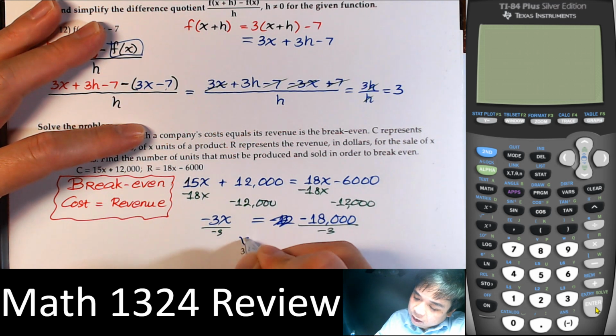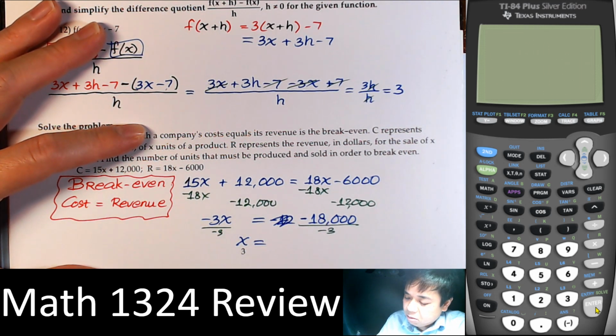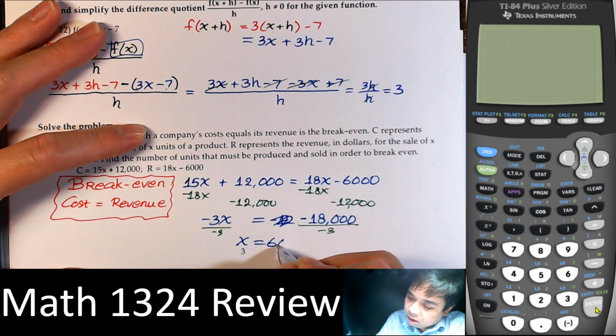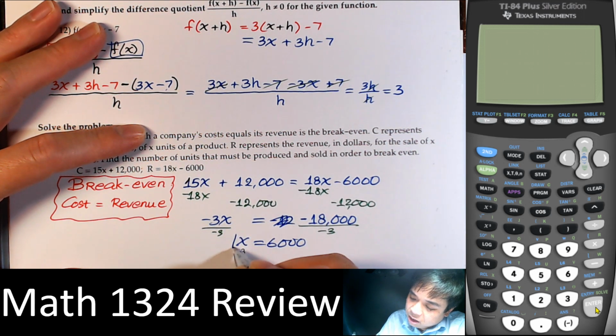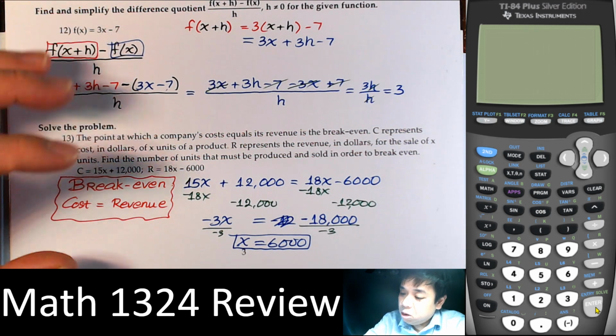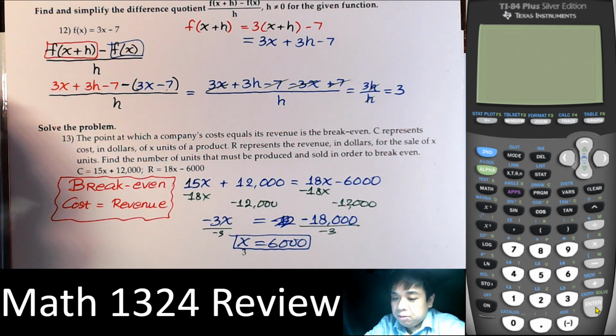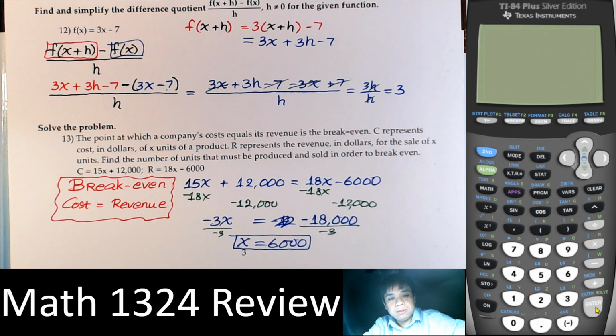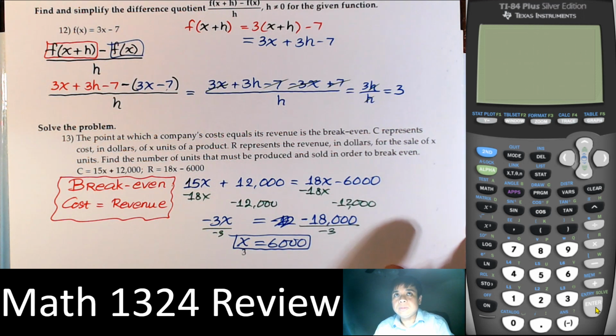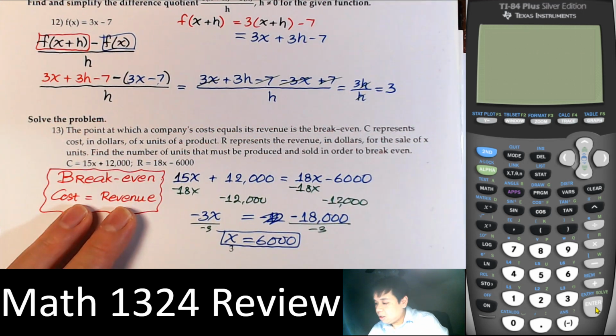I'll end up with x equal to that divided by, so that's 6,000. So that is the number of units that must be produced and sold to break even.